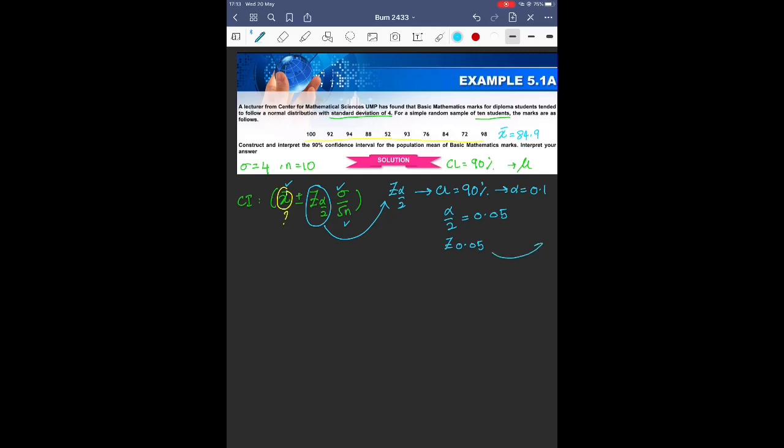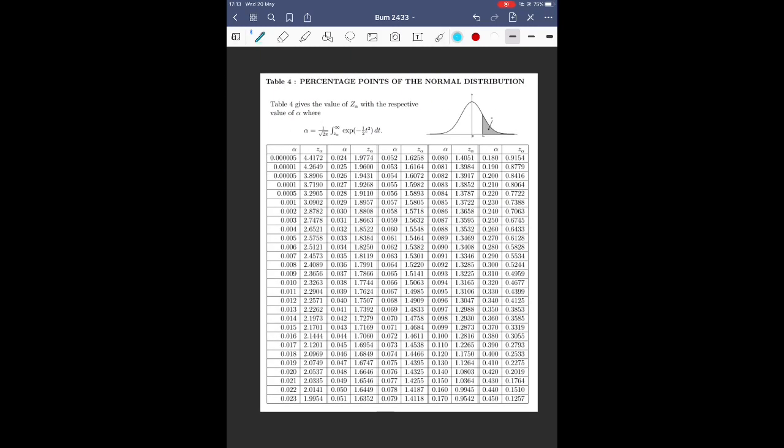Look at the table for percentage points of the normal distribution, and find alpha 0.05.